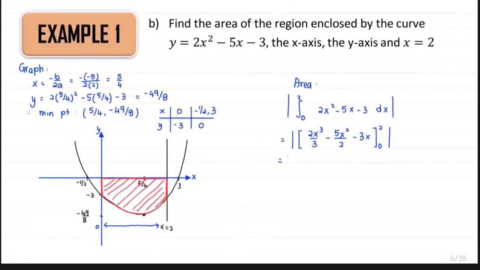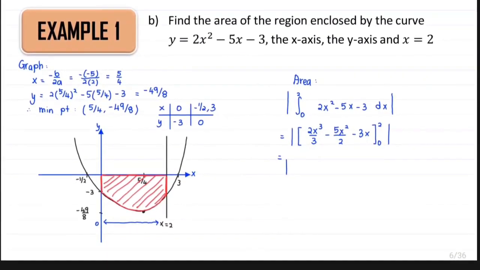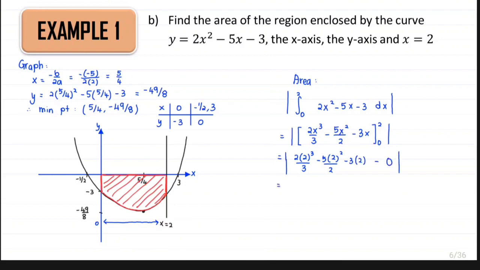Then we substitute the value 2: 2 times 2 cubed over 3 minus 5 times 2 squared over 2 minus 3 times 2. Minus, we substitute 0, then we get 0. We solve, we get the modulus of negative 32 over 3. Since it is modulus, our answer is positive 32 over 3 unit squared.